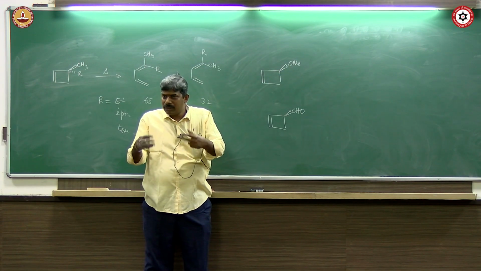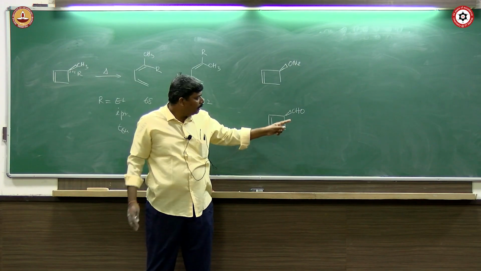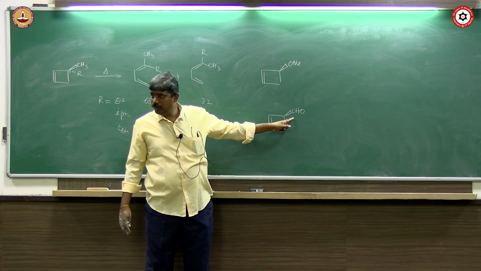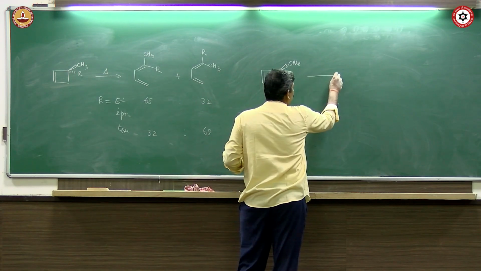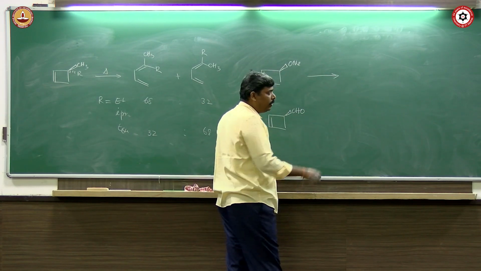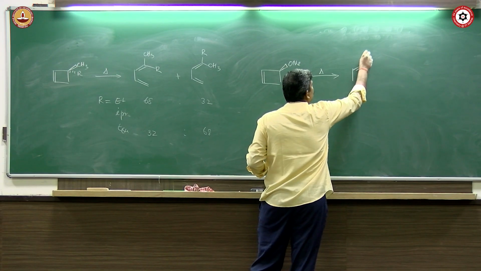Through resonance, the pair of electrons can get shared. It's a donating group. Here, it is a withdrawing group. So it is very interesting. This is what we classify as the selectivity. When you heat, the product you get exclusively is this.